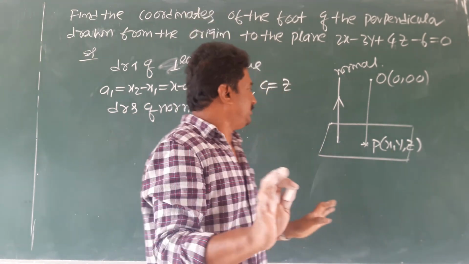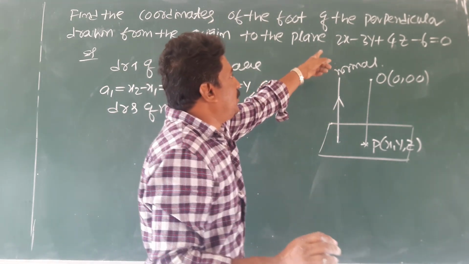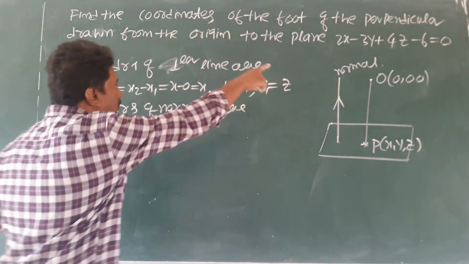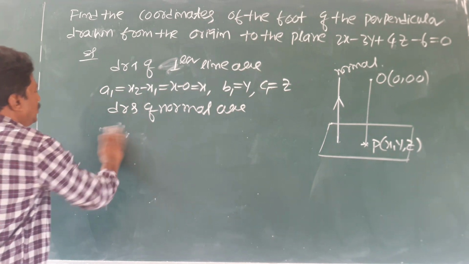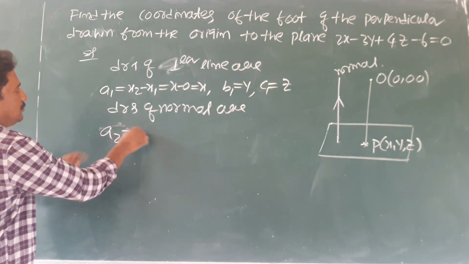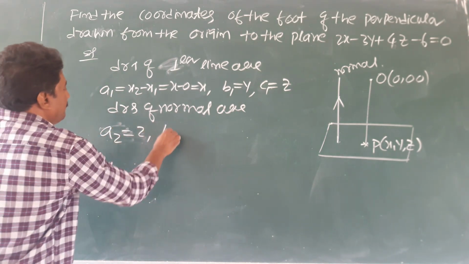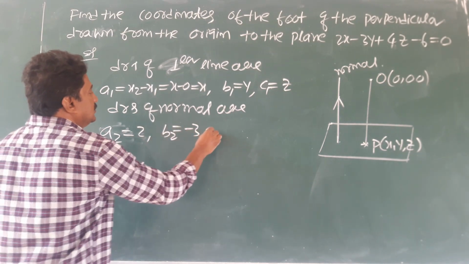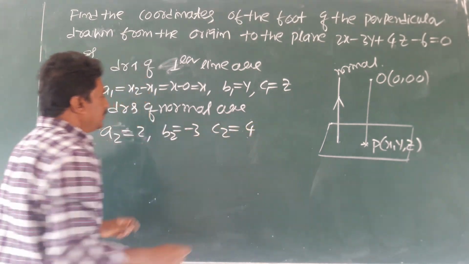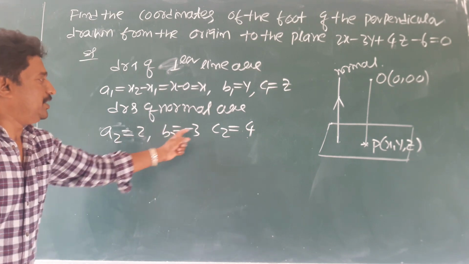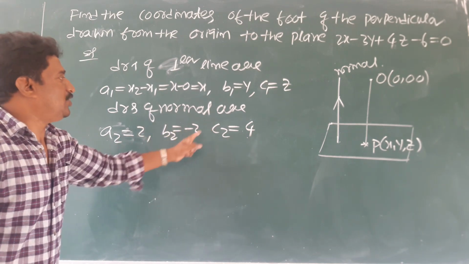It's an easy concept. Tell me now, the DRs of the normal: take them as a2, b2, c2, which are 2, minus 3, 4.